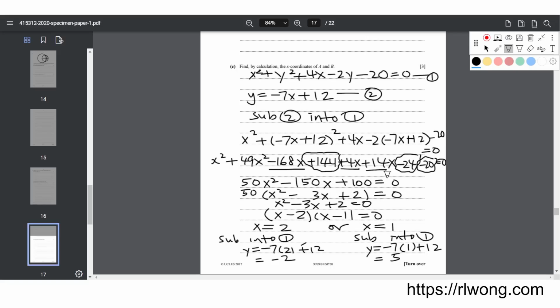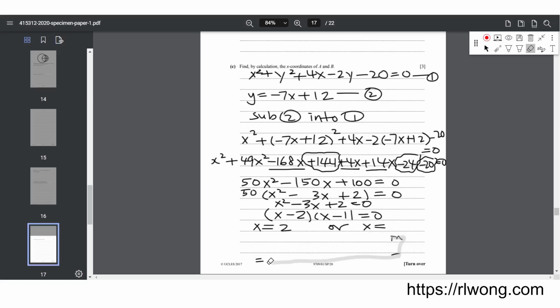Okay. So now that I'm done with this, I have found the coordinates of A and B. Okay. So, they only want the x coordinates of A and B. So in fact, I did a bit more. I do not need this step because they only want the x coordinates of A and B. So the answer is 1 and 2.